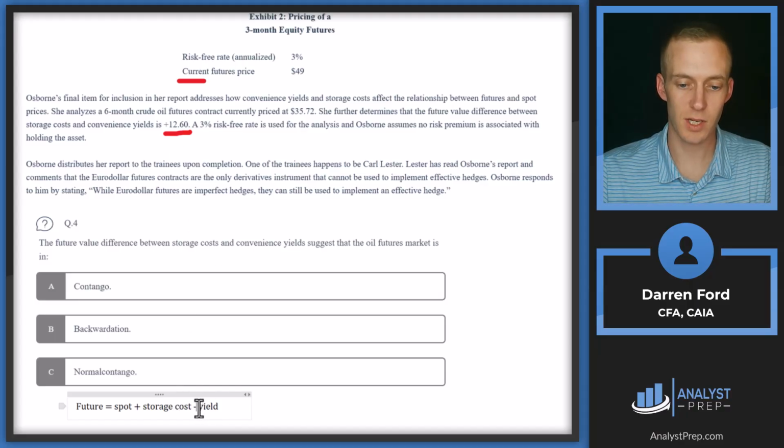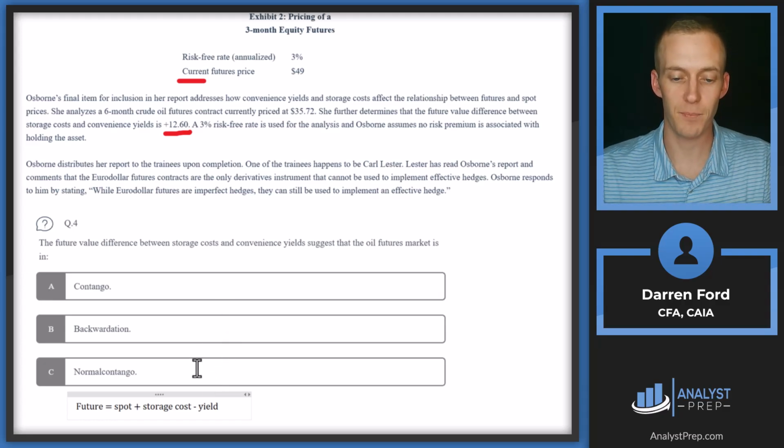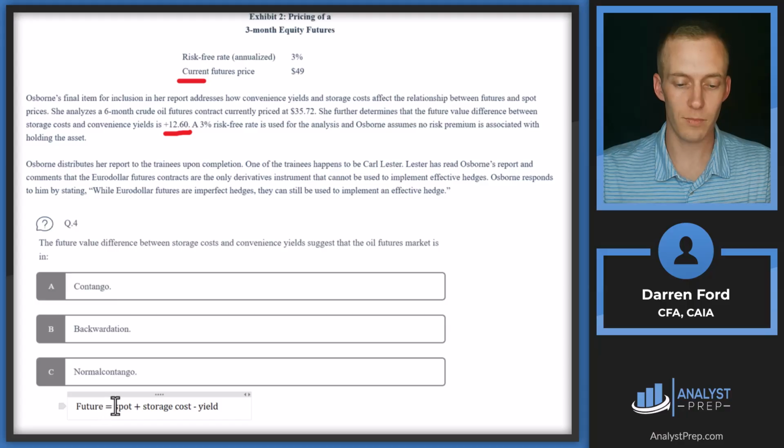And then the yield is any income that the commodity produces for you in the meantime. So you're compensated in the futures price for your costs: what you paid for it plus what it costs to store it. But then if you're getting some income in the meantime, that offsets some of that.